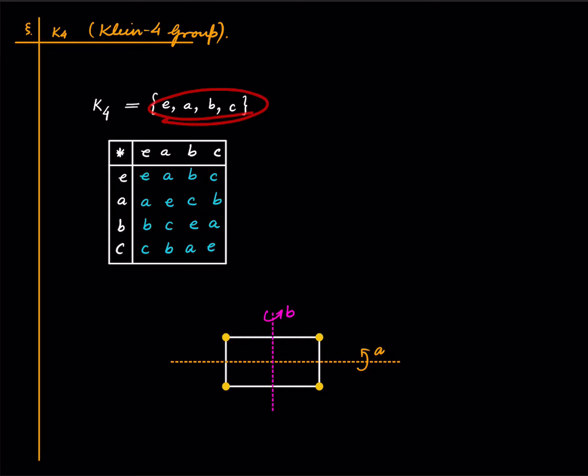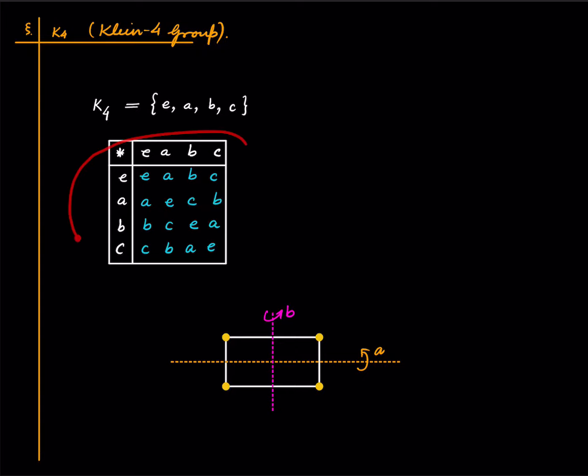This is a set of 4 elements, and this is the table which is depicting the binary operation. So E star E is E, E star A is A, E star B is B, and so on. A star E is A, and A star A is E, A star B is C, A star C is B, and so on. So this is how the binary operation is given.